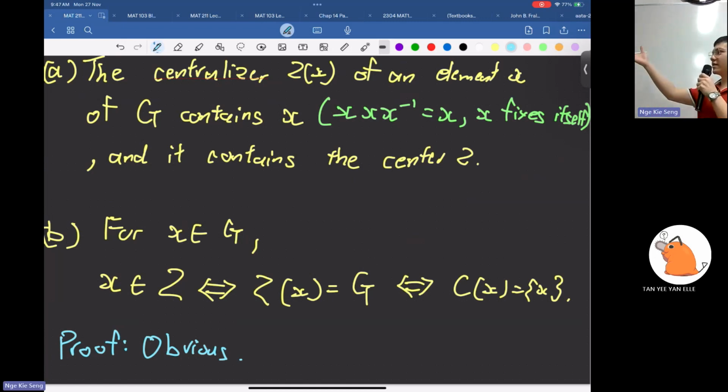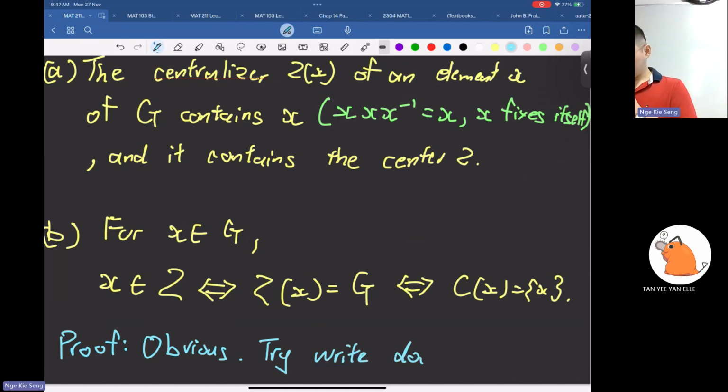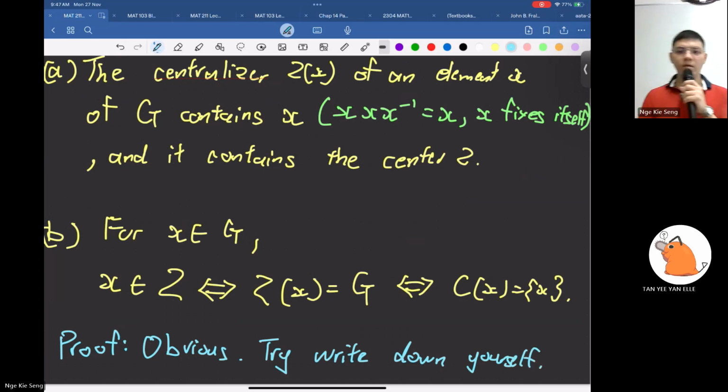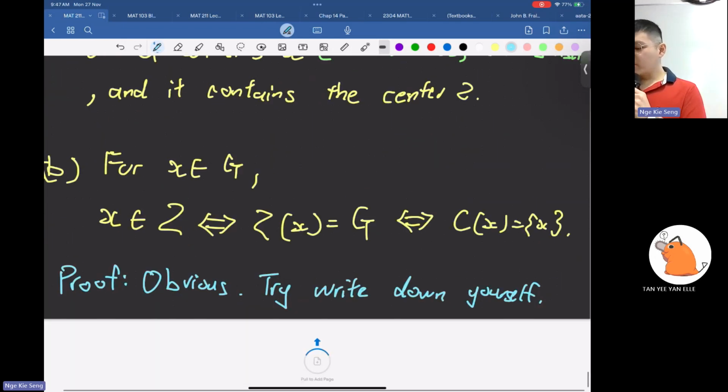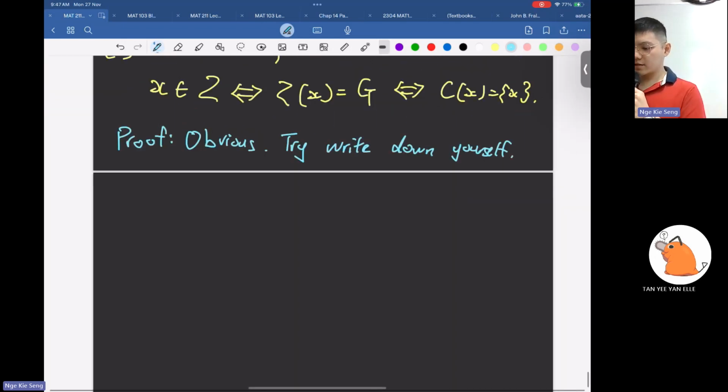If not, we can briefly discuss here also. But the problem is you need to write it down. Okay, try writing it down. How the proof goes is just how I discussed just now.